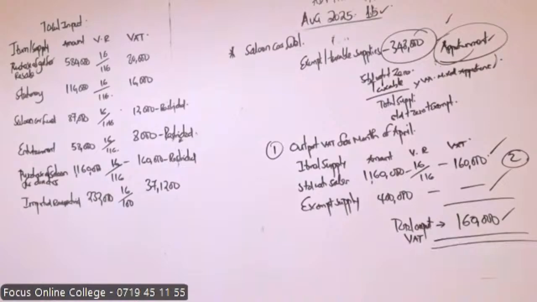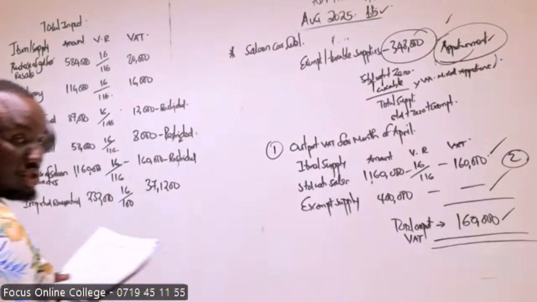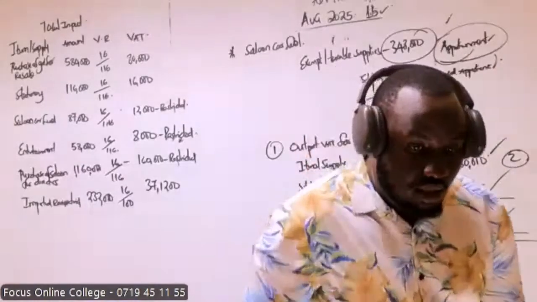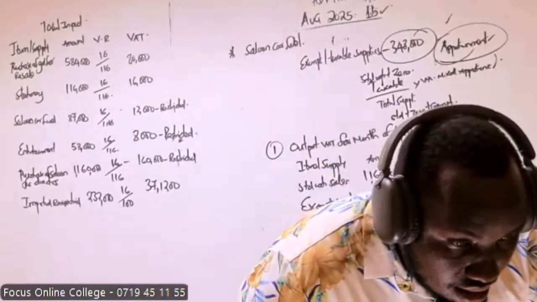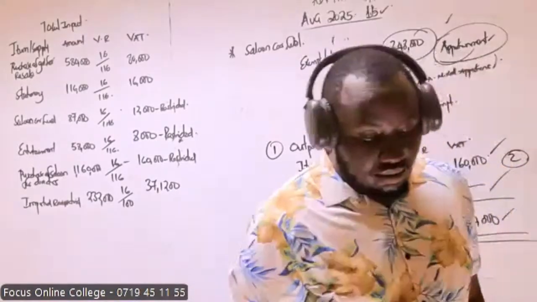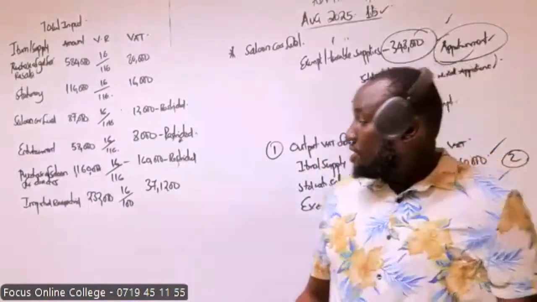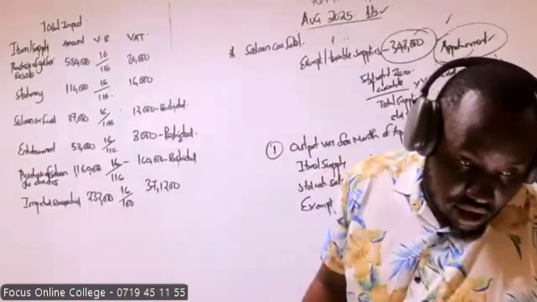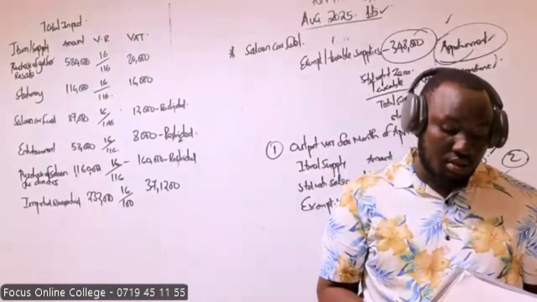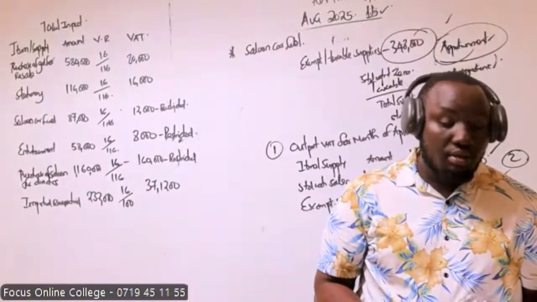Wasn't the 232,800 equivalent to 16 over 100? Yes, see that's 16 over 100 because that's input. No, it said that the VAT paid was 232,000, right?